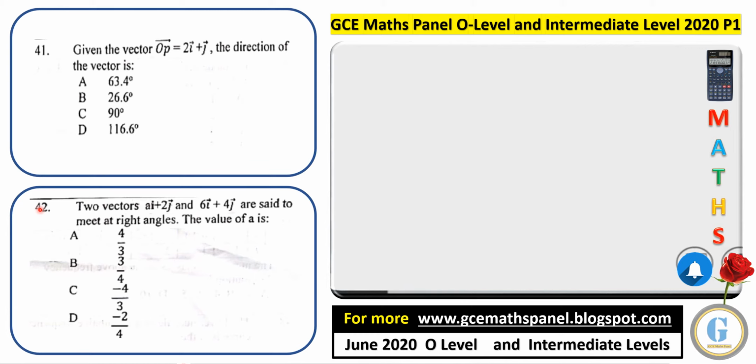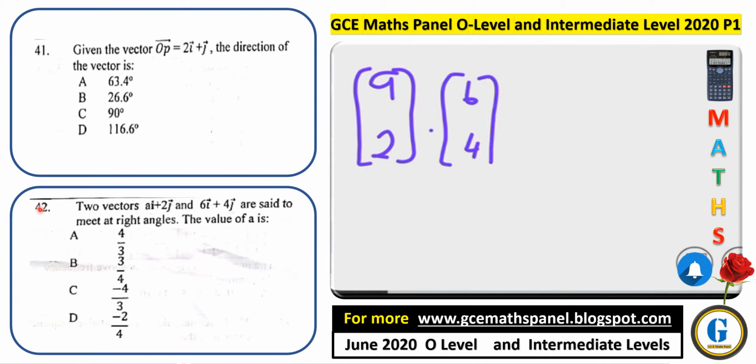So it therefore means (a, 2) dot (6, 4) should give us 0. And how do we do this? A times 6 is 6a, plus 2 times 4 is 8, should give us 0.